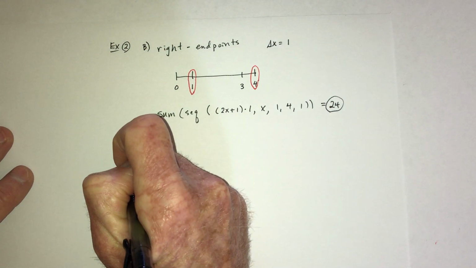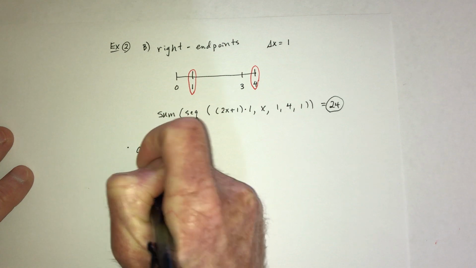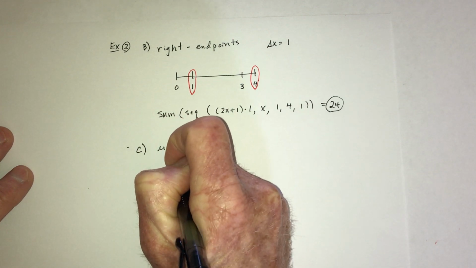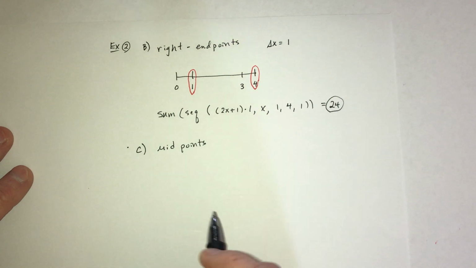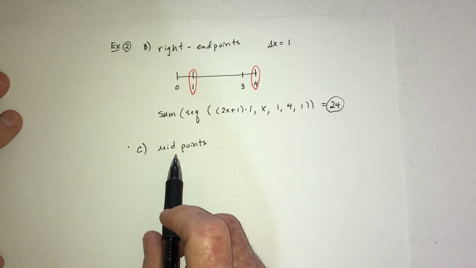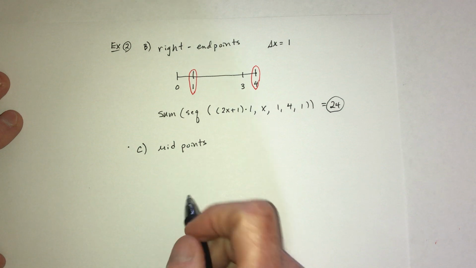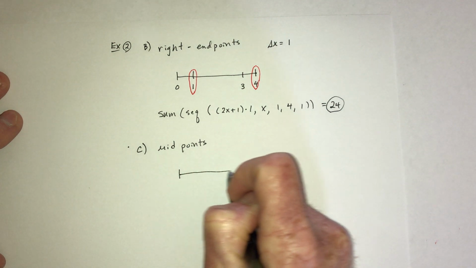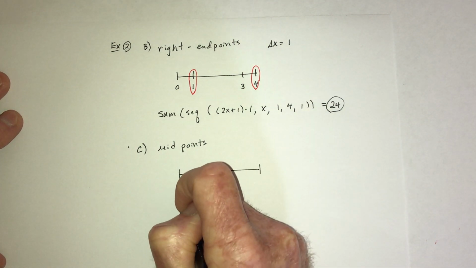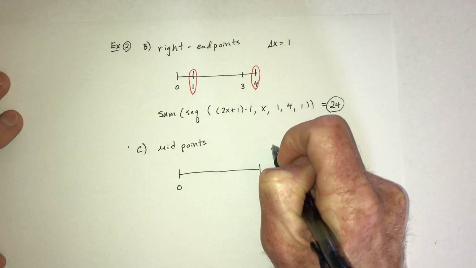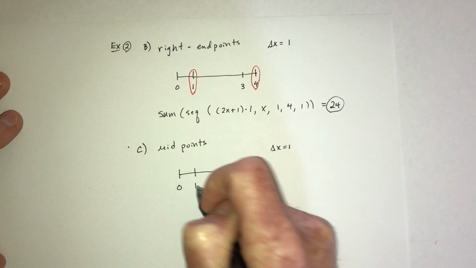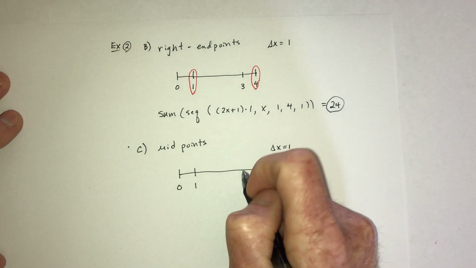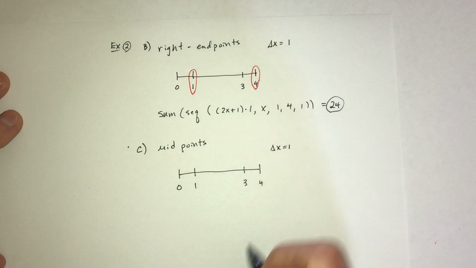Then for part C, use the midpoints. And the midpoint is usually the most accurate way to do it. So you once again have the interval going from 0 to 4. Delta x is still equal to a 1, which means the first interval is going to go from 0 to 1, the last interval from 3 to 4.